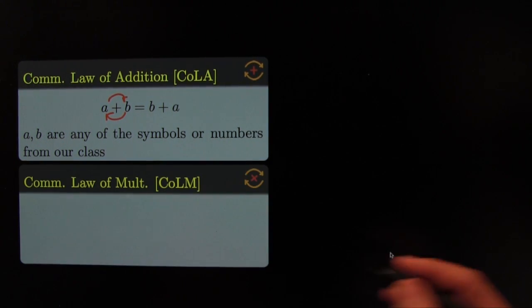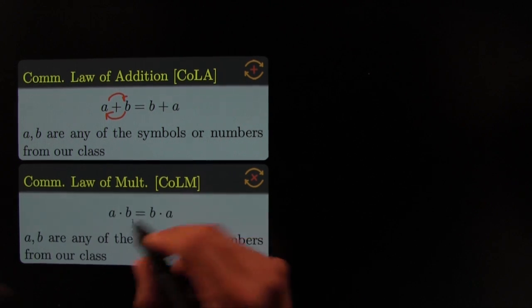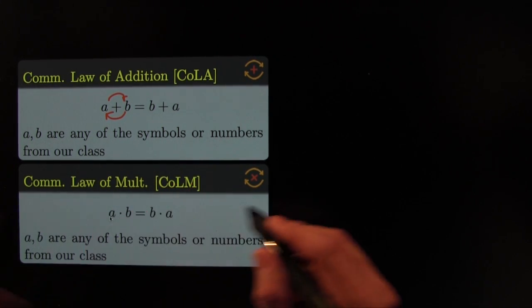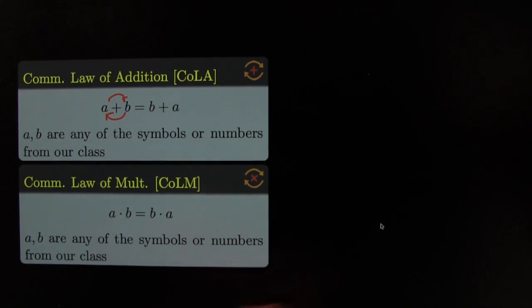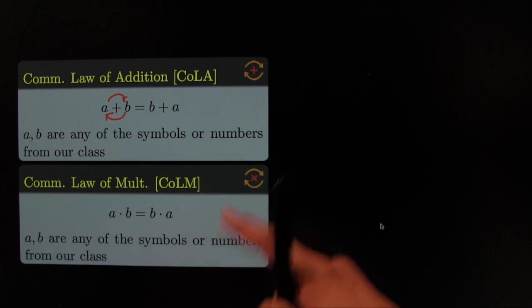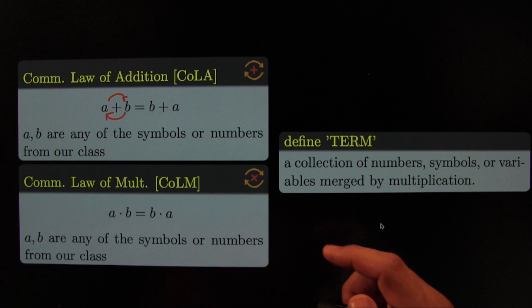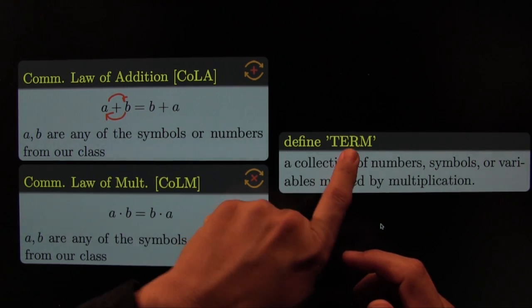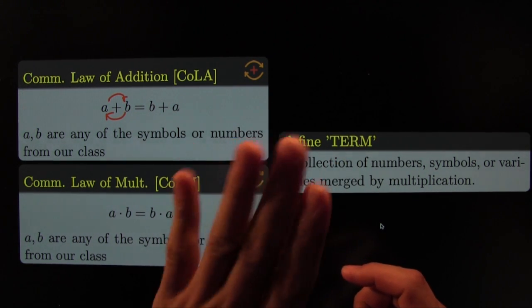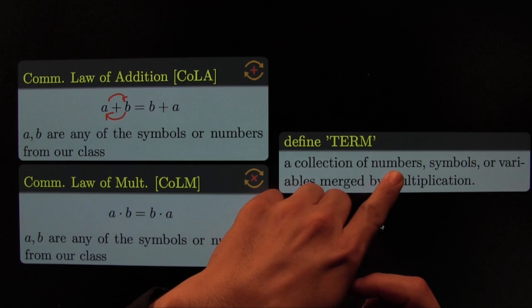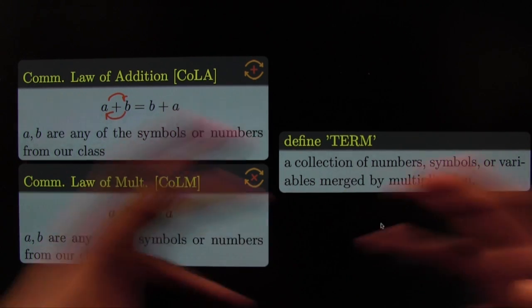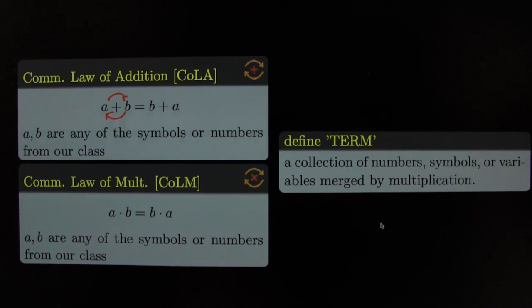Today we also learned the commutative law of multiplication, which says the A commutes this way, the B commutes that way. And we learned these apply to more than just the natural numbers, to all of our symbols from the class. We also added one entry to our vocabulary, term. That's super, super crucial. A collection of numbers or symbols or variables that are merged together with times.